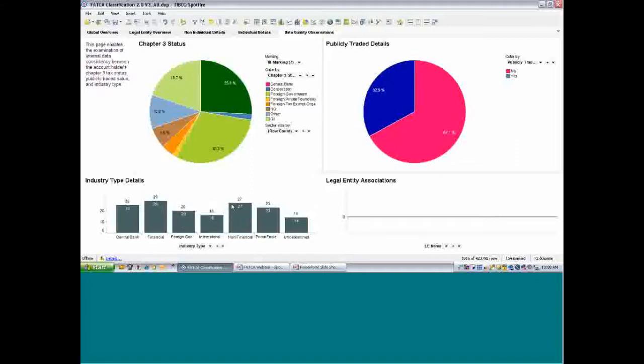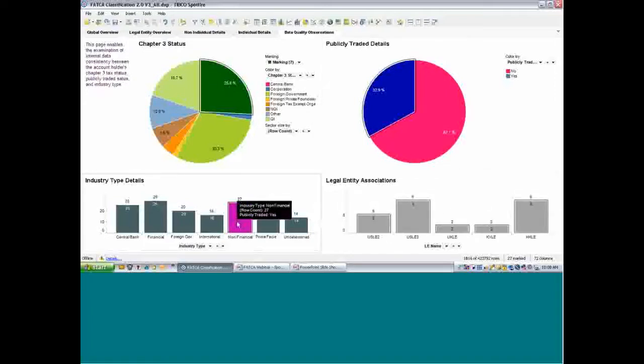But as we look over here to non-financial, we have a central bank, it's non-financial, it's publicly traded. Now we're starting to have a lot of conflicts in these different data elements. And this last drill down allows us to see where these instances are occurring, so across which legal entities. So here it is. It's across 5 of the legal entities. U.S. legal entity 1 does not have this problem.